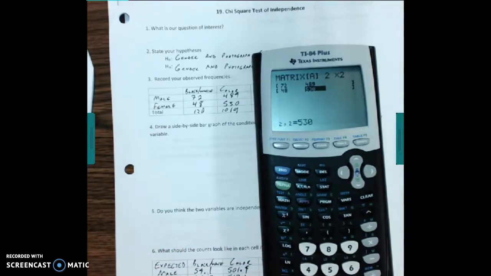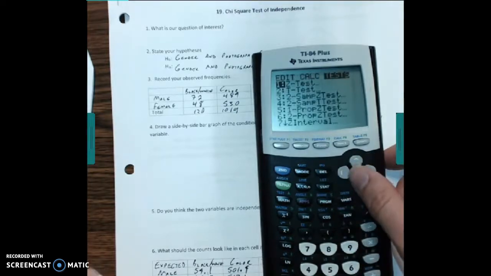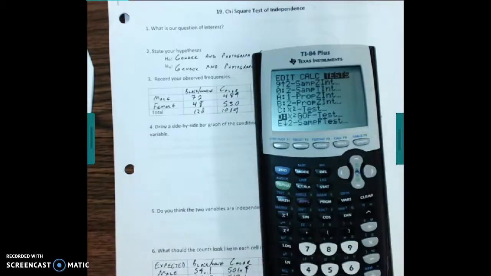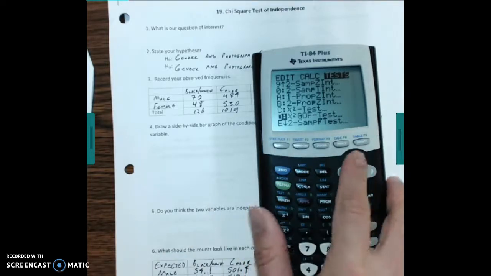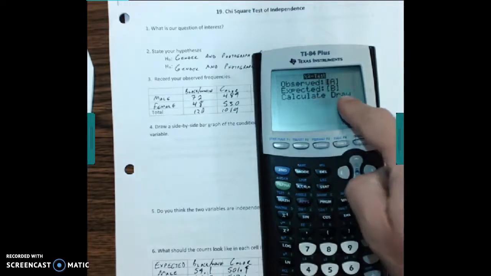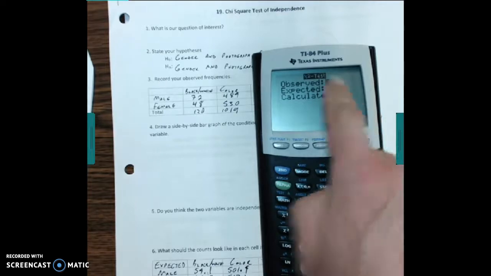And that's really all the work you need to do, because from here you can go to Stat, Tests, and if you scroll down to chi-square test. If you have an 84, there's a goodness of fit test as well. My next video will be about that. Just stick to the chi-square test for now. It says expected is in matrix B. We didn't put anything in matrix B, but that's okay.